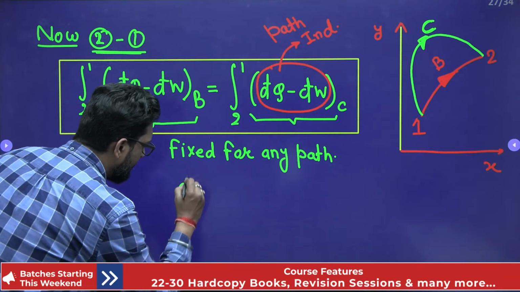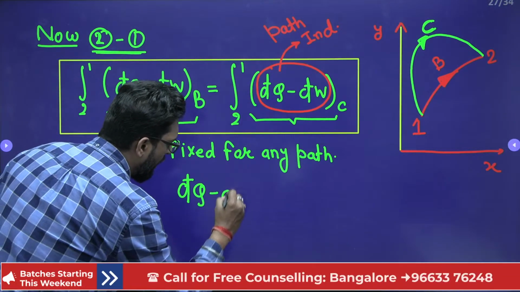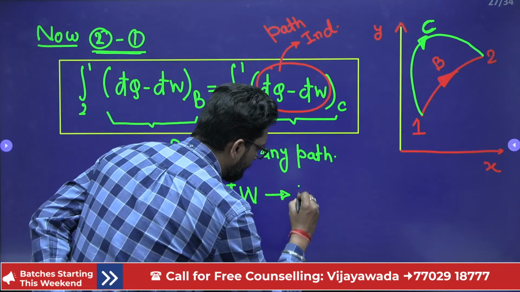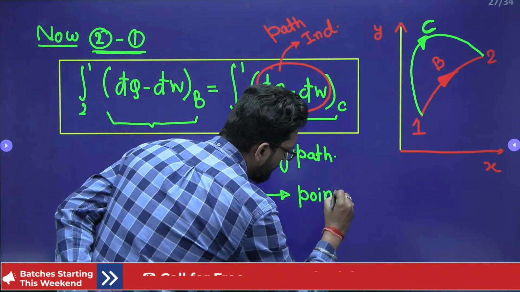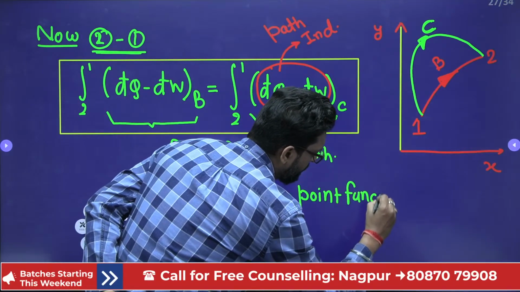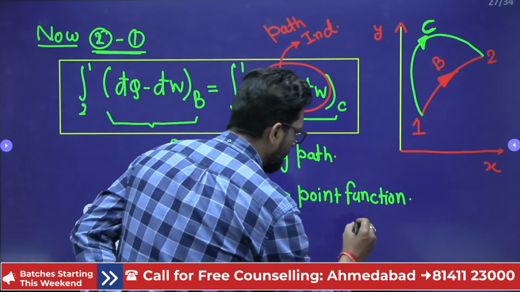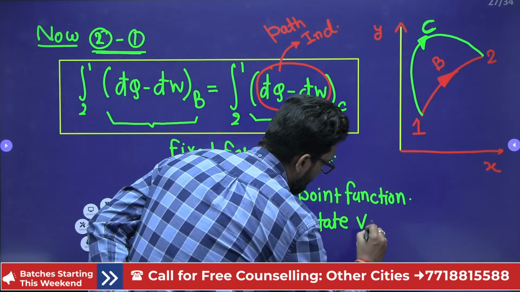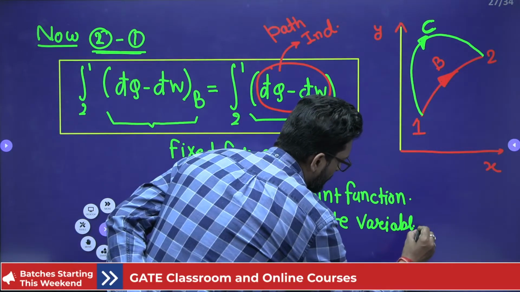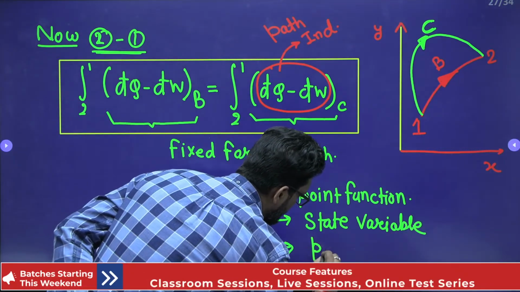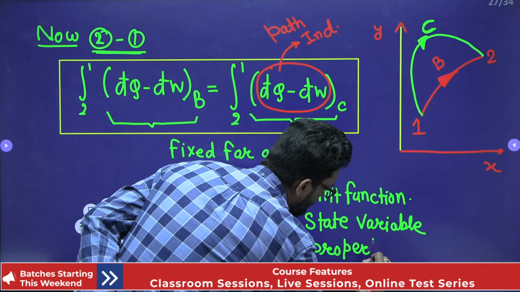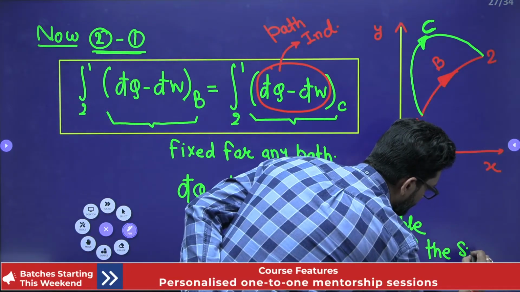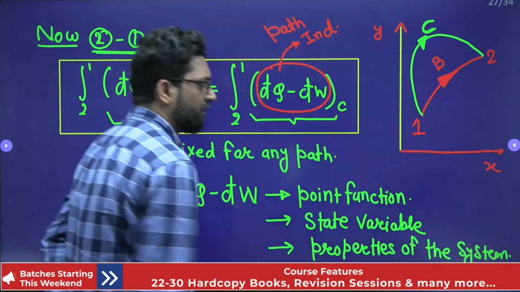That means it is fixed for any path. The quantity dq minus dw is a point function. That means a state variable. That means a property of the system.